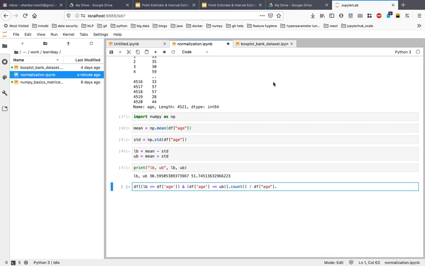I see a lot of people are using native Python. You guys can use pandas and NumPy directly. Let's see if it works.